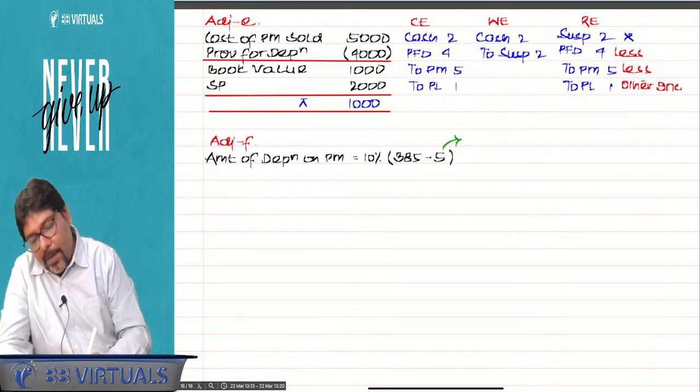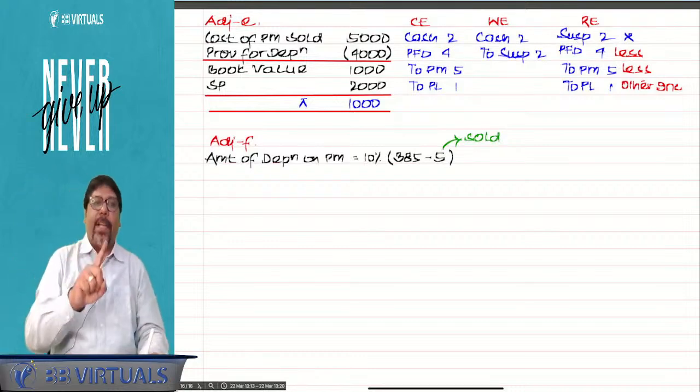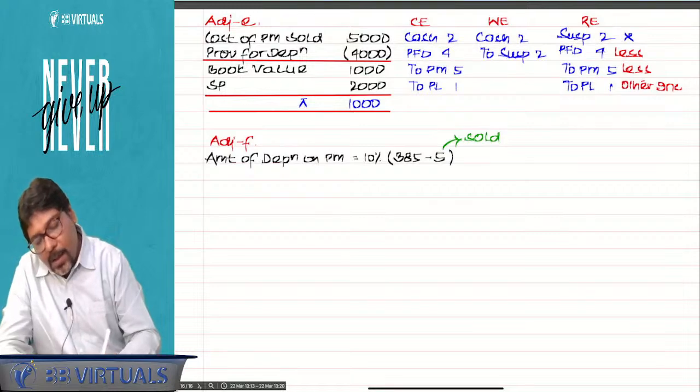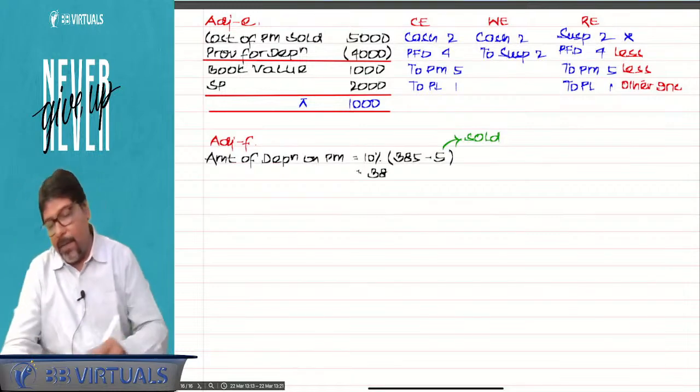Why did I subtract 5? It is sold. So 385 minus 5 is 380. 10% of 380 is how much? 38. What will be the journal entry for depreciation?